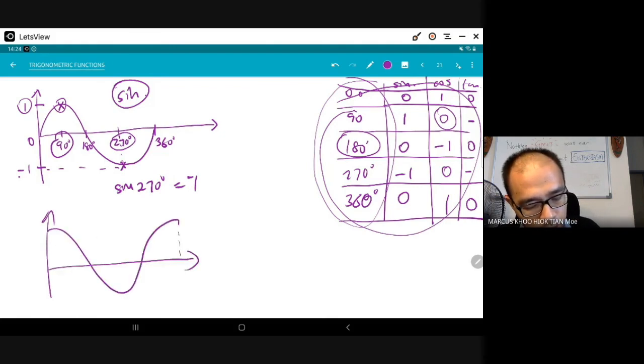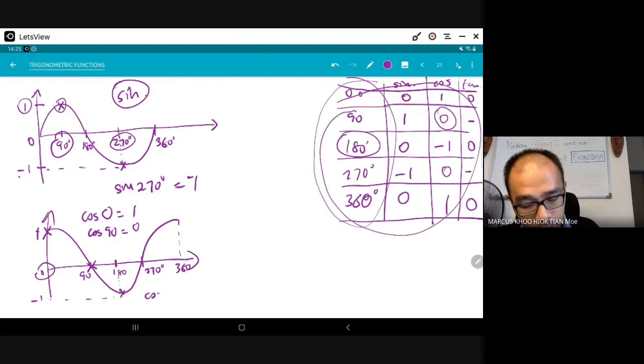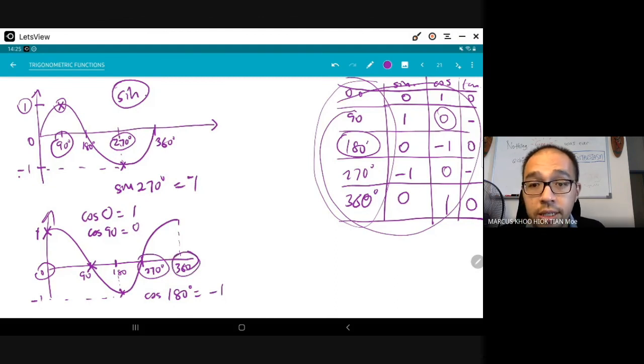This is 360, this is 270, this is 180, this is 90, this is 1, -1. That's why at this point, cos 0 is equal to 1. Cos 90 equals 0. At this point, 180 degrees, cos 180 degrees equals -1. Cos 270 is 0, cos 360 is 1.